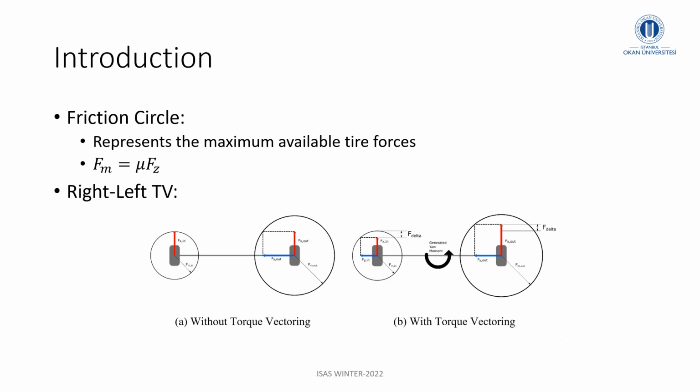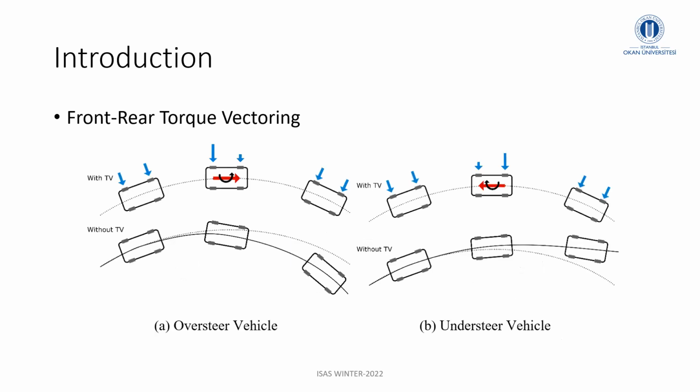This results in a resultant which comprises both lateral forces and longitudinal forces. This increases the generated yaw moment. This can also be applied not only across an axle, but across a vehicle. This is front rear torque vectoring.